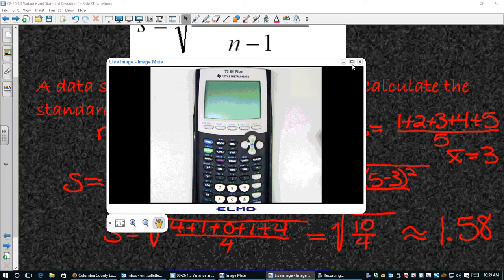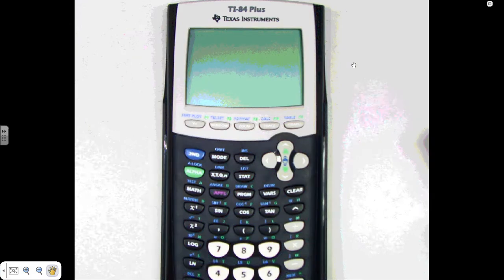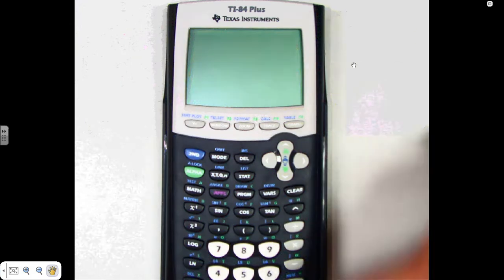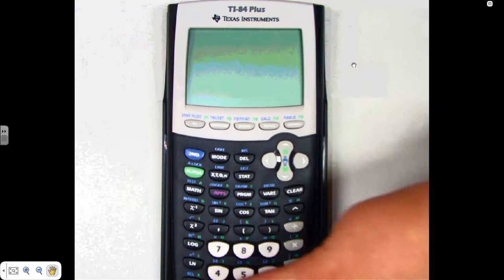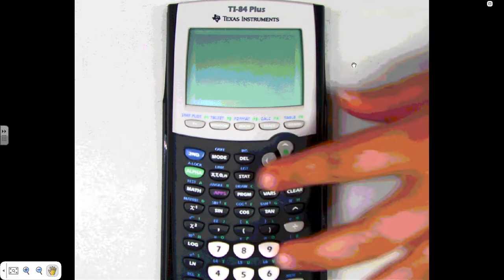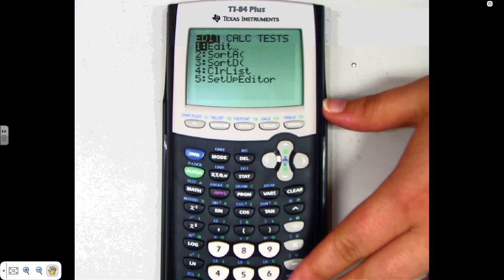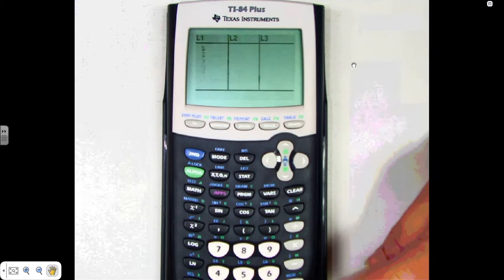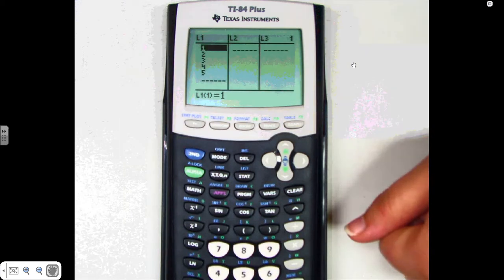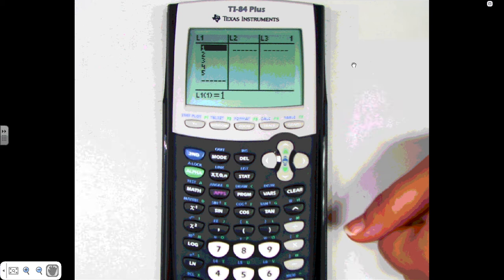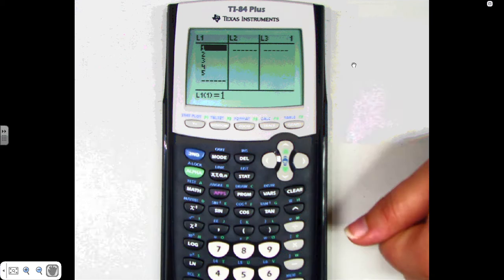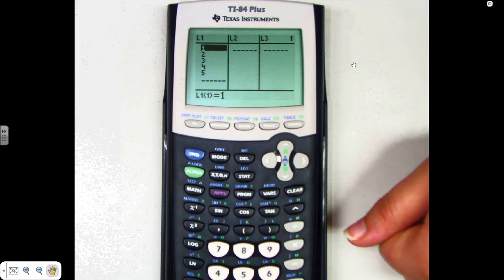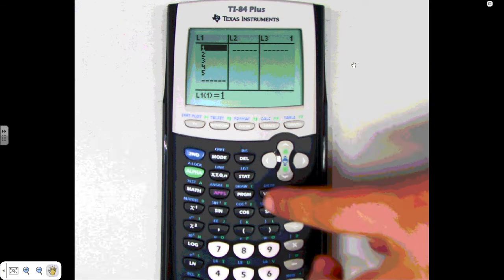So I'm going to show you how you do it in your calculator. You turn your calculator on, and in your stat menu you hit enter to edit a list. I have already programmed in list 1 the values 1, 2, 3, 4, 5, which are the values in my data set. Now I'm going to calculate one variable statistics on that.